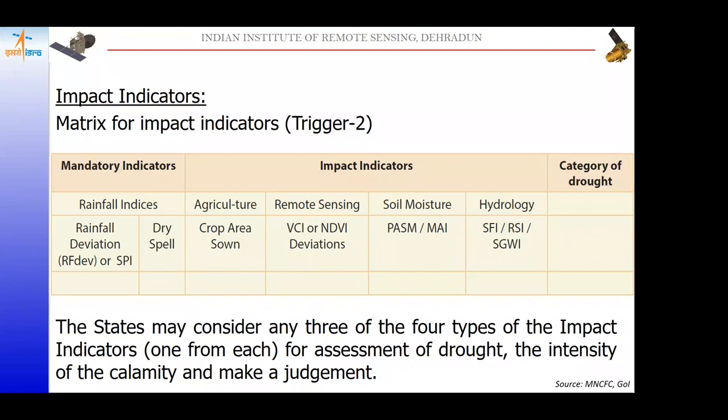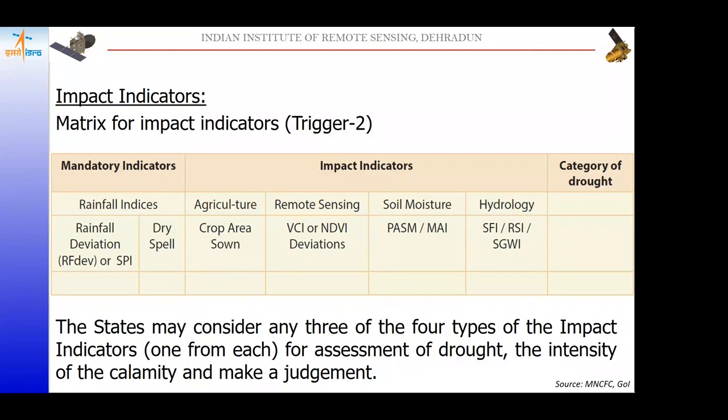In case of soil moisture, they compute the percentage of available soil moisture as well as the moisture availability index. In case of hydrology impact indicators, they compute the stream flow index, reservoir storage index, and the surface groundwater index.